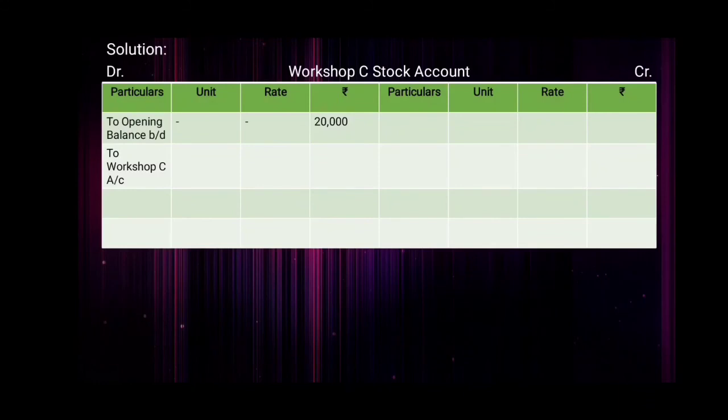To workshop C account, 234 units at the rate of 1,250, total amount being 2,92,500. So the balancing figure will be transferred to cost of goods sold. So the balancing units is 234 and the total amount is 3,12,500. So let us take the total of both the sides. Unit is 234 and the total amount is 3,12,500.